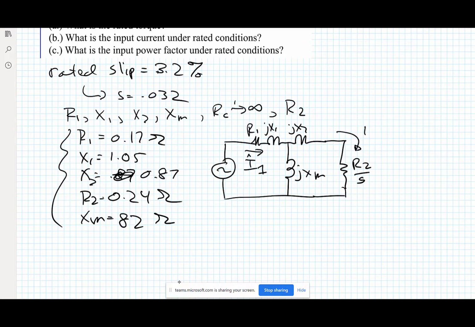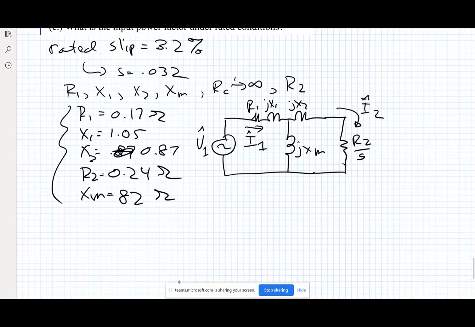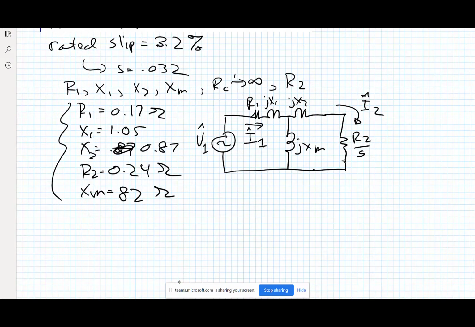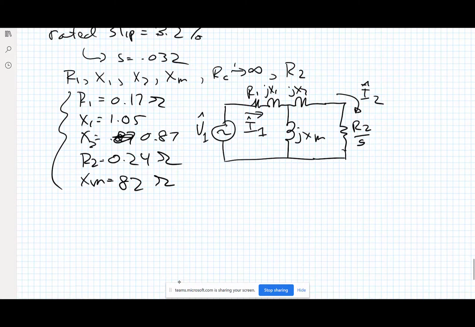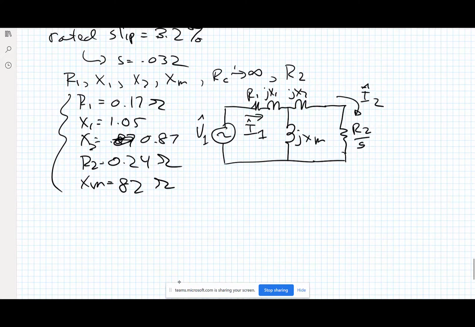This is the rotor current I2. I've got a V1 applied right here. So how do I go about solving this problem? Well, I have to use phasor math, obviously.